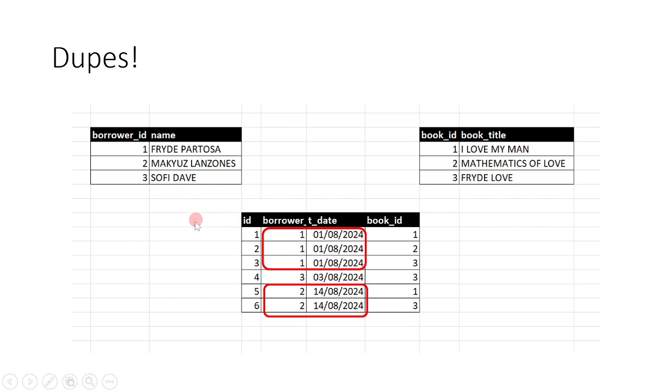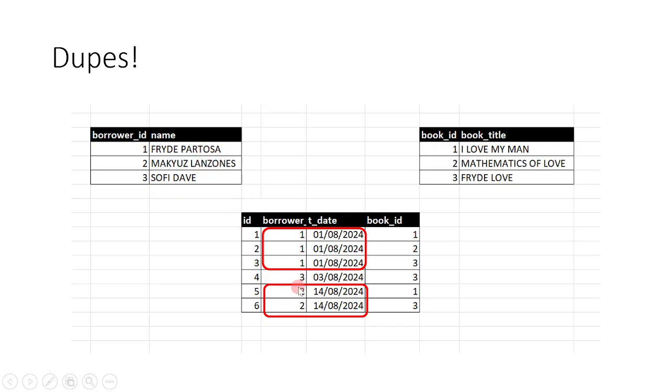I have presented it here. For example, we have the borrowers and a sample for the books. Let us say Fried Partusa has borrowed 3 books. So we have the borrower ID 111, then the date borrowed, and the 3 books borrowed by Fried Partusa.